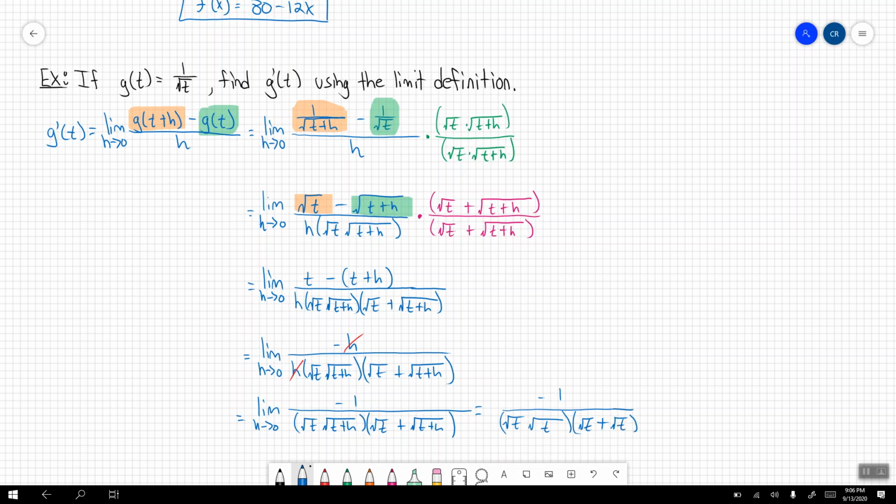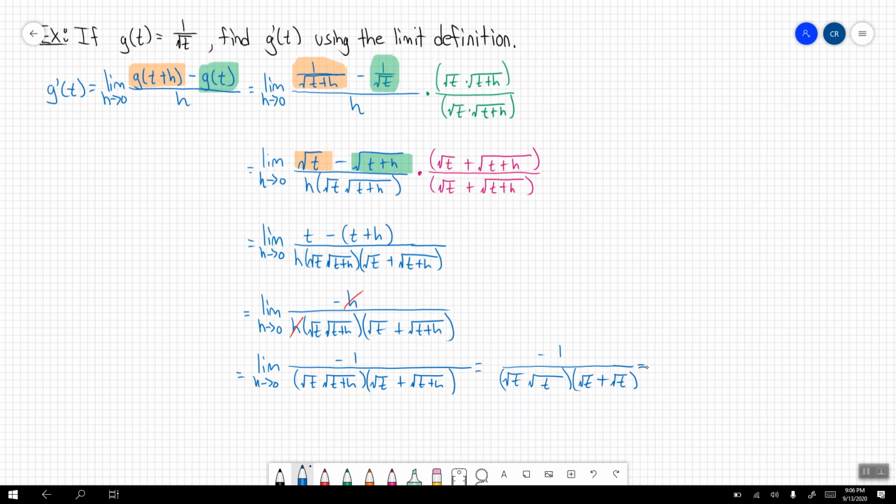Wow, that is pretty cool. Let's keep going. So negative 1 divided by the square root of t squared multiplied by 2 square root of t. Look at that. It's looking pretty good.